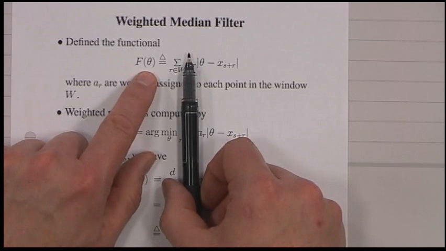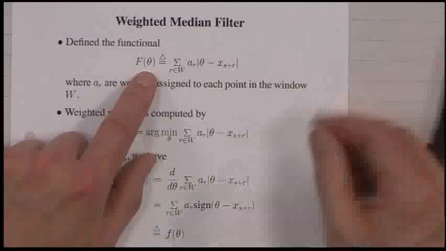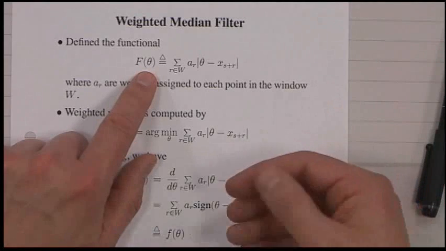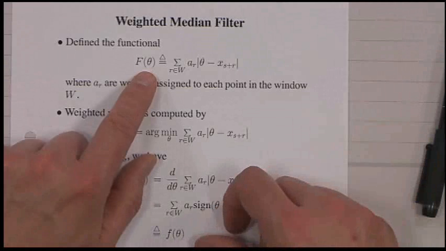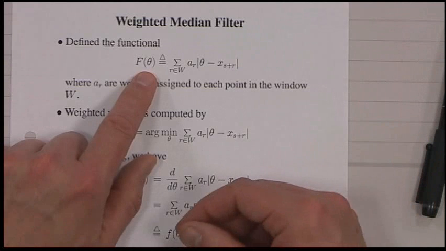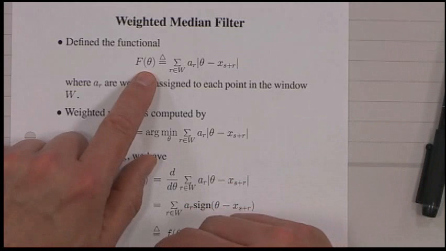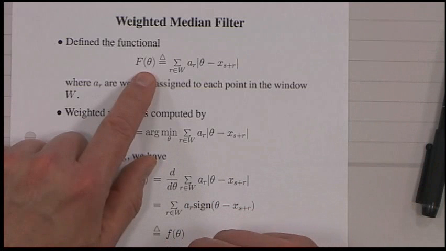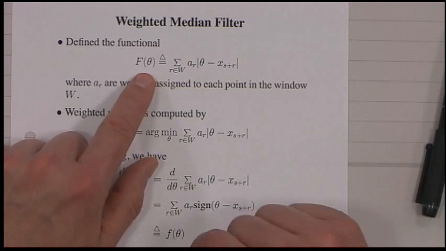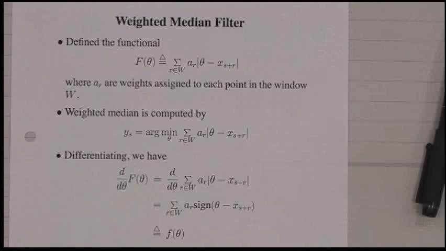So now a natural thing to say is, well, maybe not every point should be weighted the same. Certainly in a linear filter, you have different weights for the different pixels. So why should they all be the same? Well, the problem with the median is you're not exactly sure how to generalize it. How do you take the median where you weight the different values you're taking the median of differently?